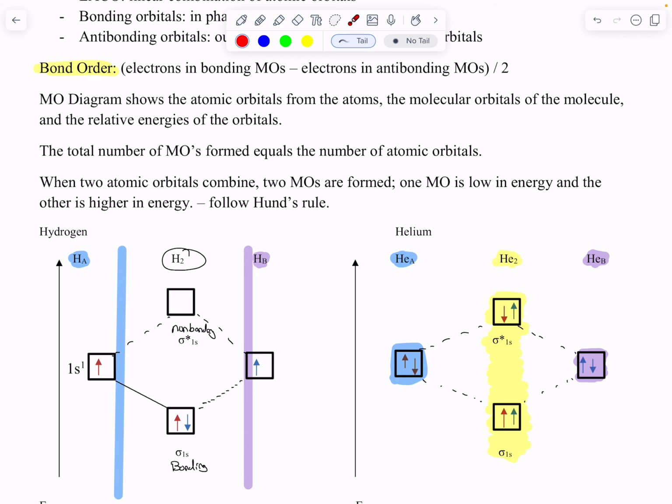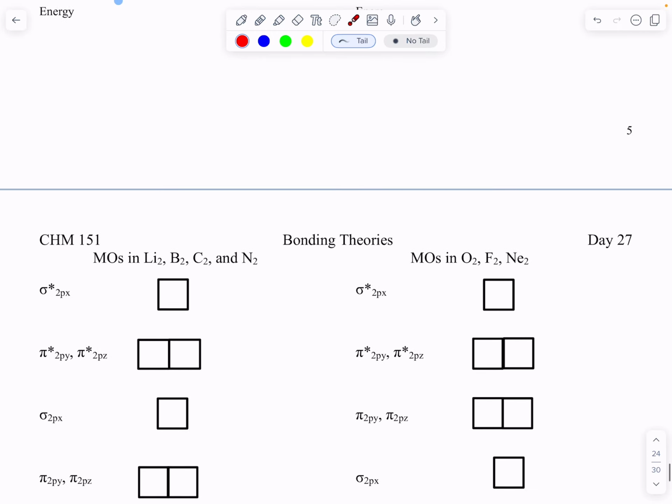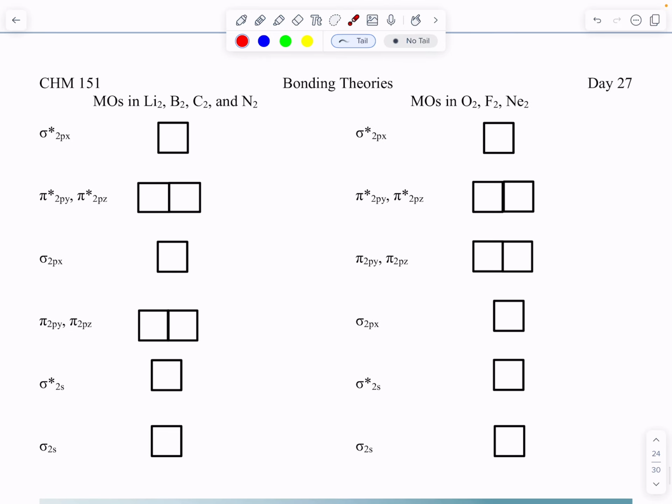Okay, and again, this is about all I'm doing with it. I'm going to show you the next, how these go, because they do. But lithium, boron, carbon, nitrogen have these MOs, and oxygen, fluorine, and neon have these MOs. All right, so how does this kind of work? If you notice, these are the combinations, and they're in a different order.